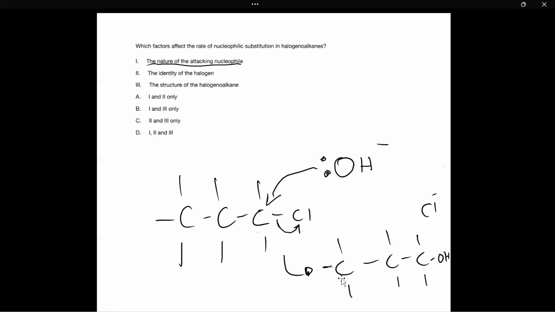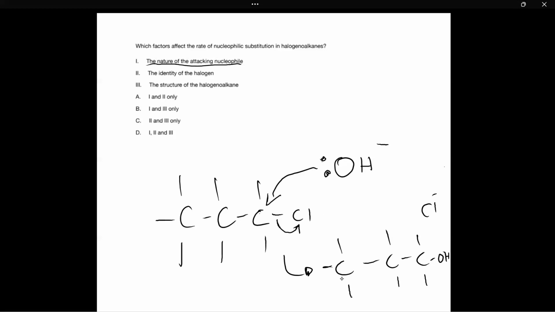Otherwise, the carbon, or we refer to this as the carbocation, will be very unstable. So the nucleophile that is attacking this carbon should be a very strong nucleophile. Otherwise, this process will not work.